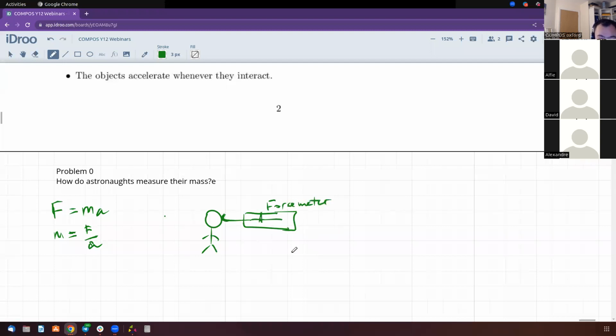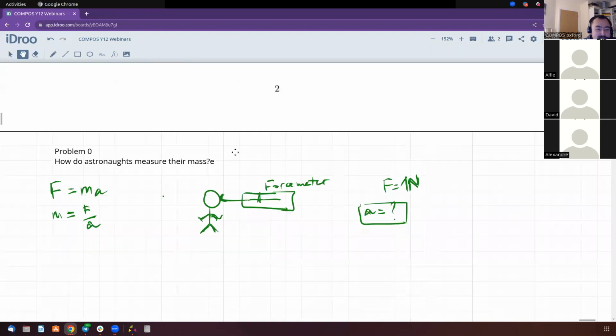Apply a force, let's say F equals 1 Newton, and measure the acceleration. I mean, they don't actually tie force meters to astronauts, but yeah, it's a very good idea. Acceleration, yes, light gates or slow motion cameras, absolutely. Yes, so you can find acceleration that way.